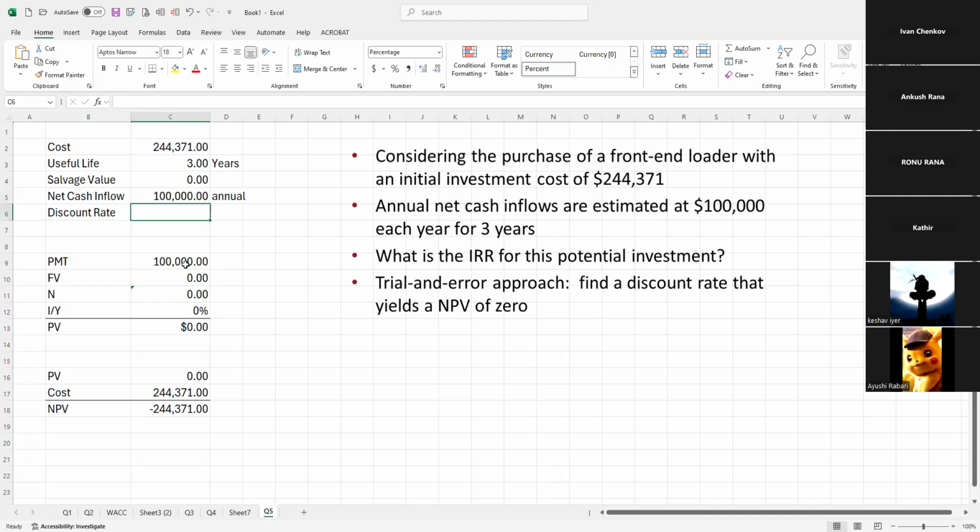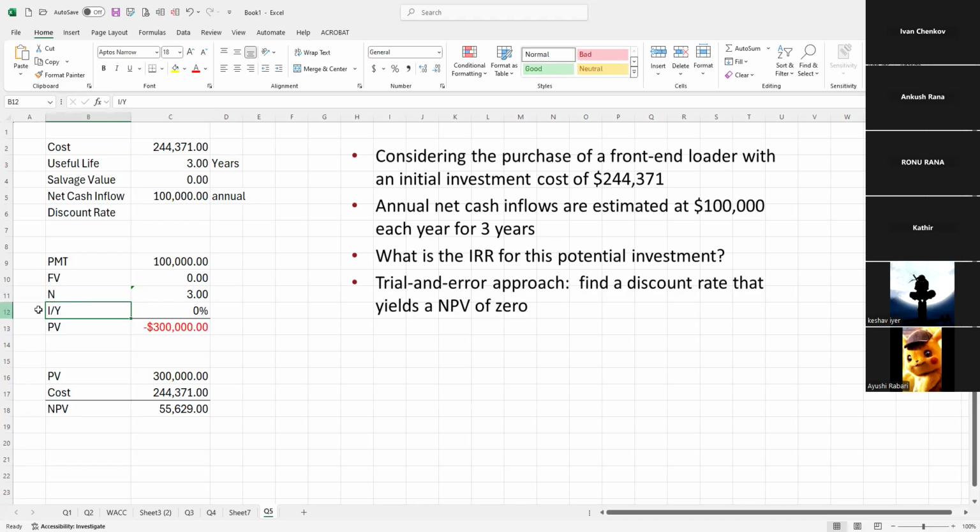So now I know my years, n is equal to 3. My future value is 0. Now, what I'm chasing is this interest rate. I want to find what's the internal rate of return for this investment, or how much is this discount rate.